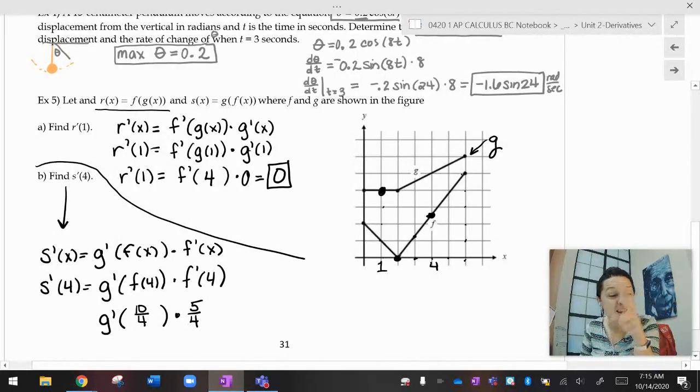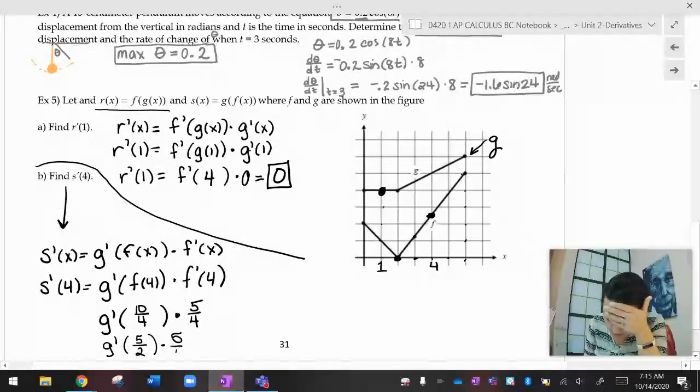Ooh, see how I did that? That was tricky. Another way you could have done that is you could have written a y equals equation for that line. But I didn't need the whole equation, so I didn't find it. So if my slope is 5/4 and I go from 0 up twice, I've gone up 2 times 5/4, which is 10/4. All right, so I can do that. So then I need g prime of 10/4, which is 5/2, times 5/4.